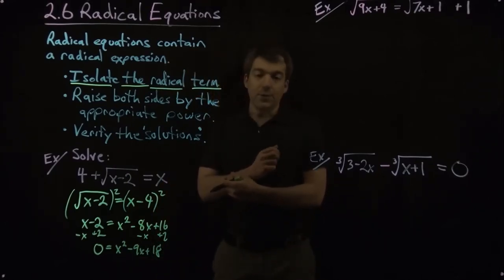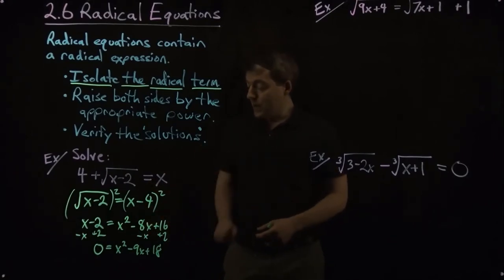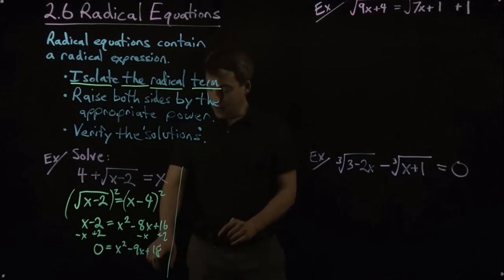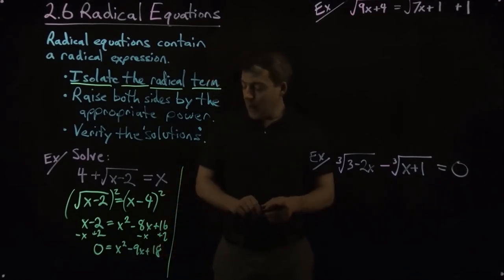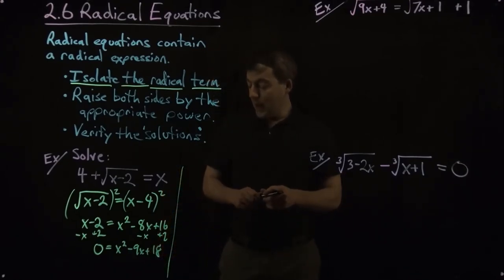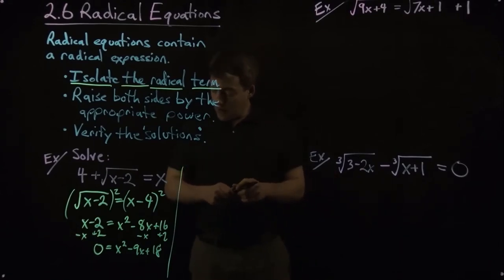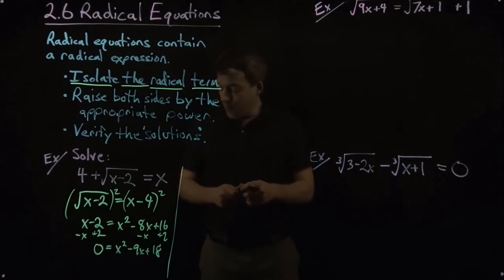Now we can use whatever method we like to solve this quadratic. We need pairs of factors of 18 that add up to negative 9. It looks like they would both need to be negative.